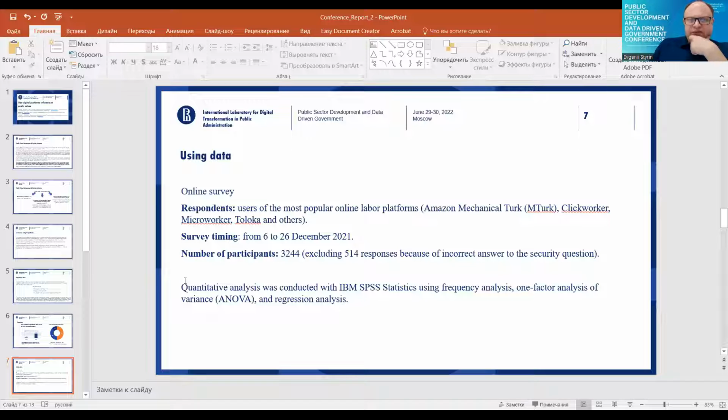In 2021, we were collecting data from different platforms across the world. These are mostly private platforms like Amazon Mechanical Turk, Clickworker, Microworker, Toloka, and other popular online labor platforms. The survey lasted almost a month, at the end of 2021.